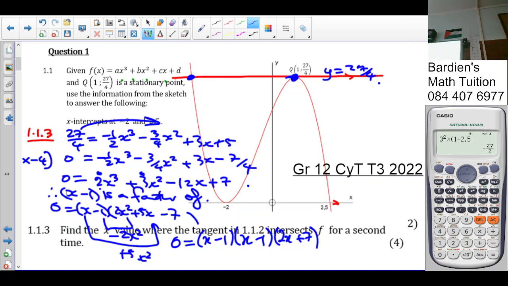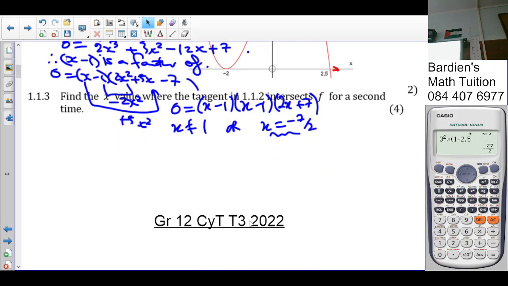Okay? So x is equal to 1 twice, or x is equal to -7/2. So what is the other value they're looking for? The -7/2 is what they're looking for. Can you see that? And yes, it makes sense. Negative 7 over 2 is on the left hand side of negative 2. Okay.